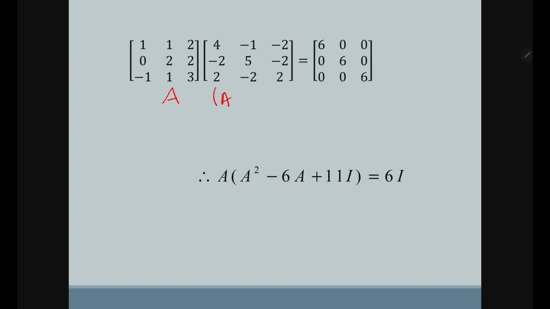So therefore this is A, and this one, A square minus 6A plus 11I, equal to 6I. So it is proven.